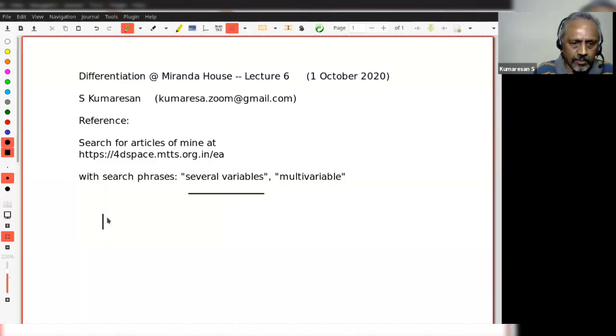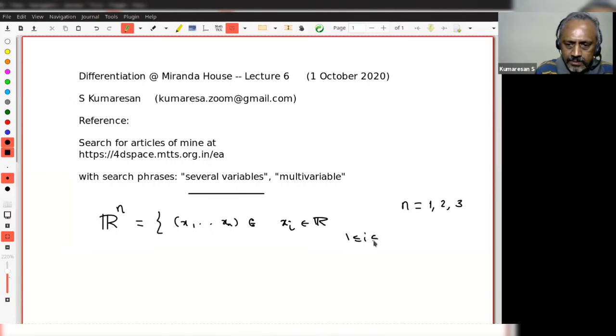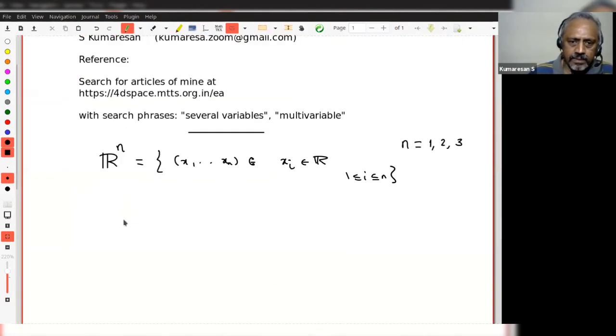So today I'm going to work with R^n, but whenever you want, you can assume n equal to 1, 2, or 3. And I hope all of you know what R^n is. It is the set of all ordered n-tuples (x1, ..., xn) such that xi is in R for 1 less than or equal to i less than or equal to n. Any element of R^n, I will simply write as x.